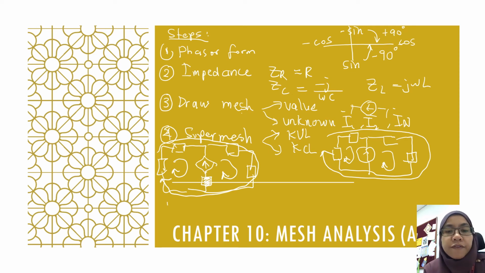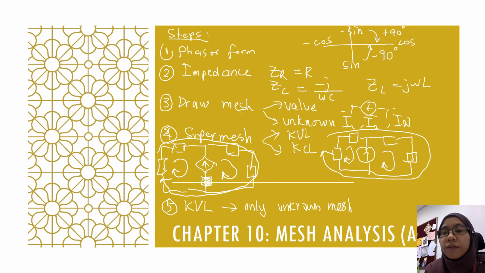Step number 5 is to build up equation of KVL around the loops only for the unknown mesh. Okay.